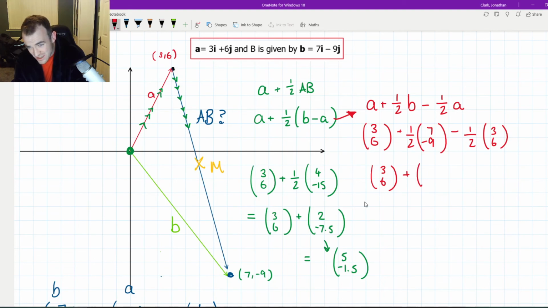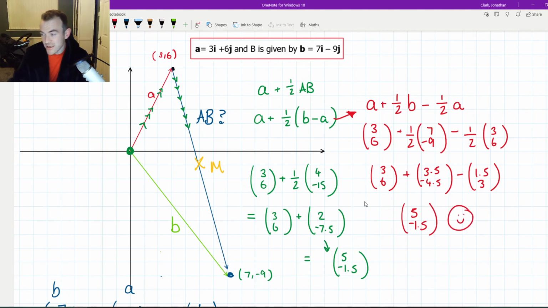Half of 7 is 3.5. Half of minus 9 is minus 4.5. There we go. And half of 3 is 1.5. Half of 6 is 3. Okay, cool. So 3 plus 3.5 is 6.5. Take away 1.5 is 5. 6 take away 4.5 is 1.5. Take away 3 is minus 1.5. So yeah, we've got exactly the same thing a bunch of different ways. Wonderful.